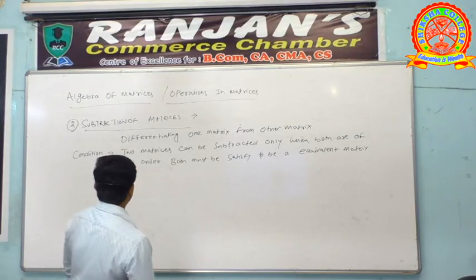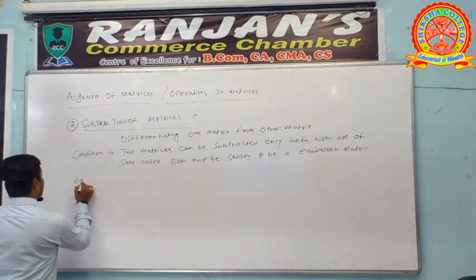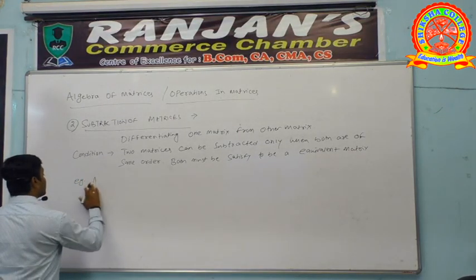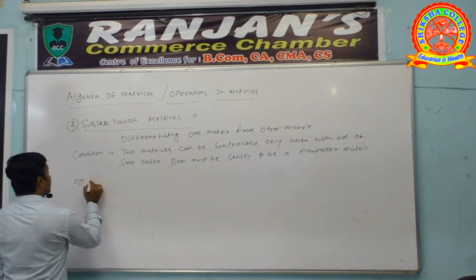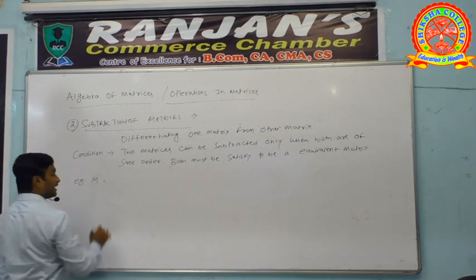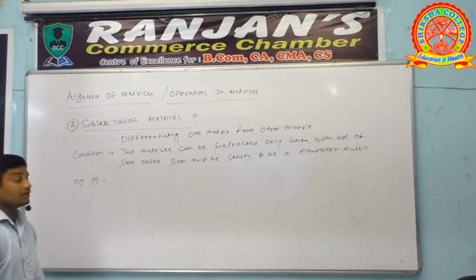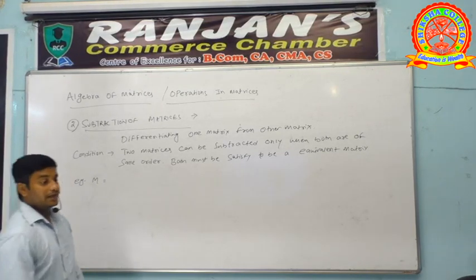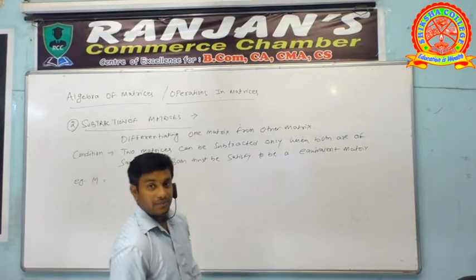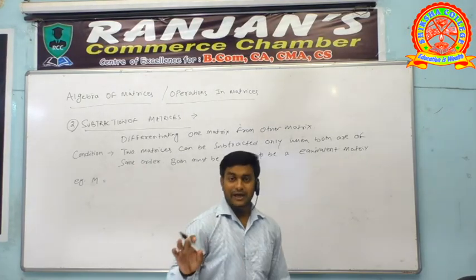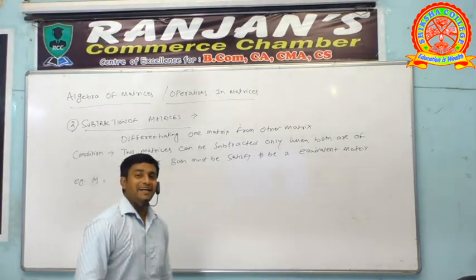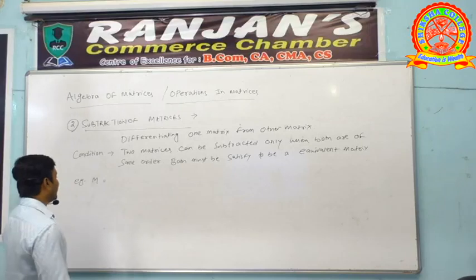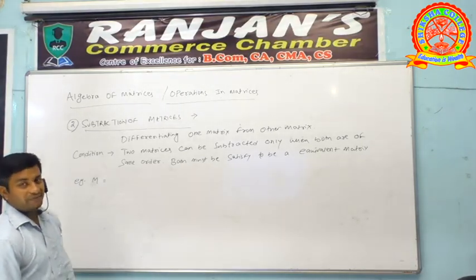For example, let M, I am taking another name for the matrix because you might think why sir only takes A and B. That is not a matter. We can take any English alphabet, subject to it being a capital letter.